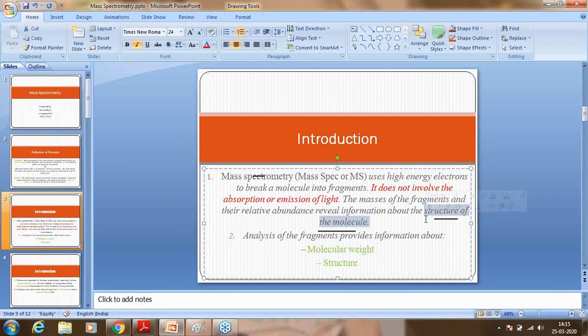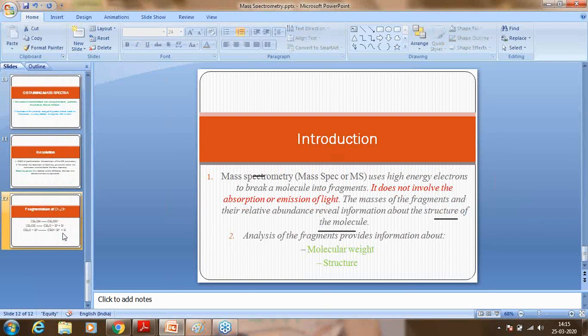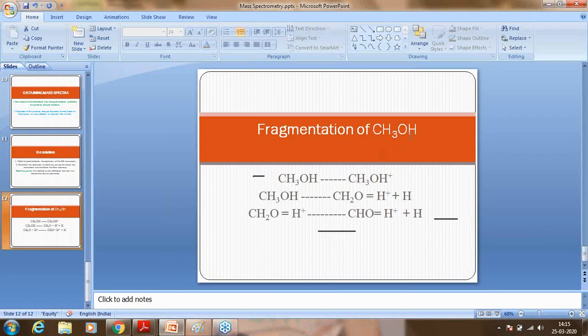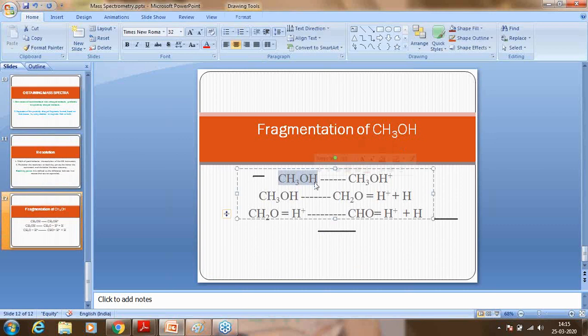Just take an example of methanol. Here you can see this is the neutral molecule, and when it goes into the ionizer, it is bombarded with fast moving electrons, and it will split into different charged fragments. It can split like this, like this, or even like this.